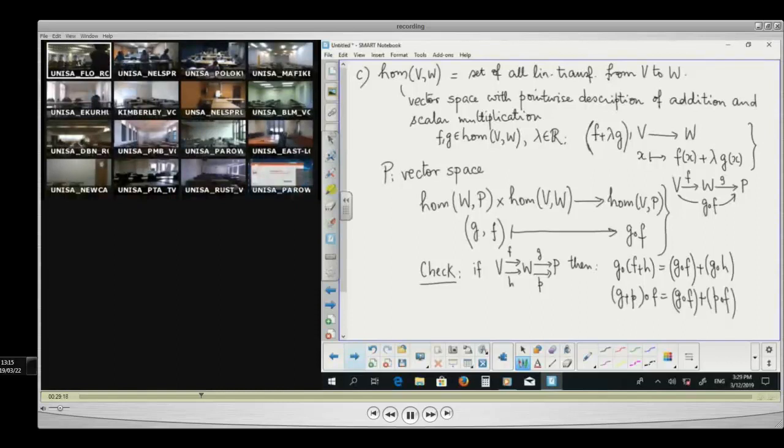But the real thump is going to come now. So what is it?